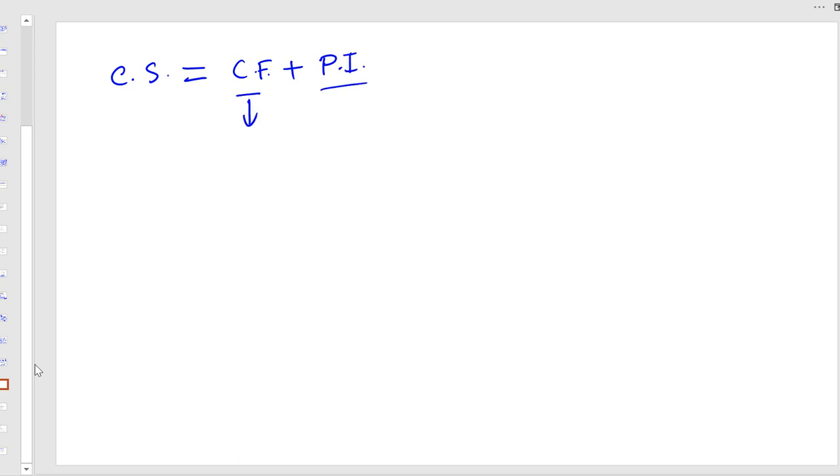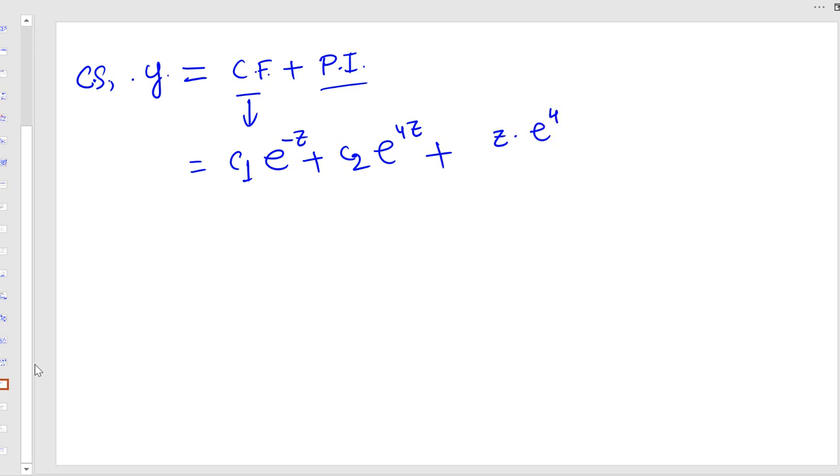The complete solution is denoted by y. So y equals C1 e to the power minus z plus C2 e to the power 4z plus PI, which is z into e to the power 4z by 5.